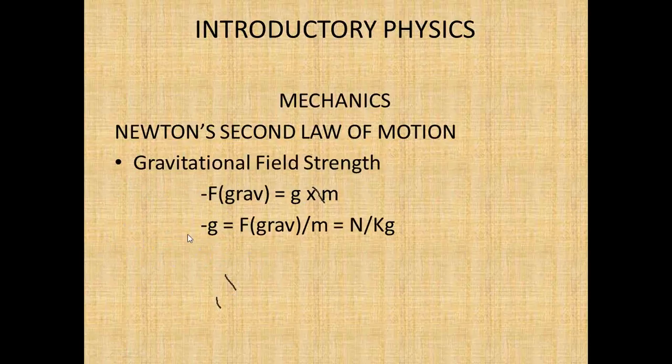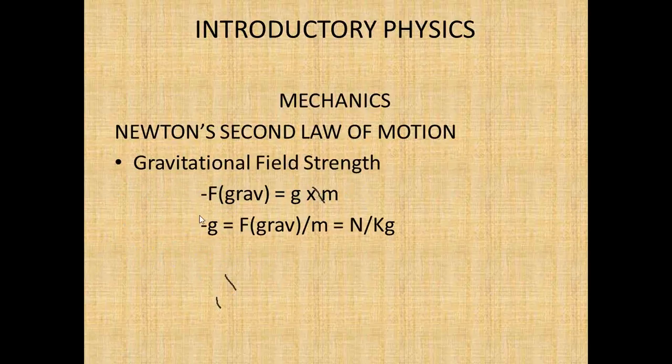All right. So the gravitational field strength, that is the force. If you're in the vicinity of Earth, then the force that you're going to be pulled with is equal to the acceleration times the mass, but the acceleration is the acceleration of gravity.